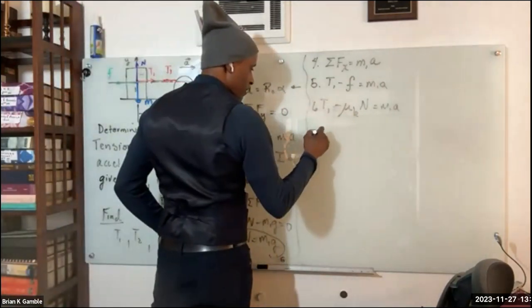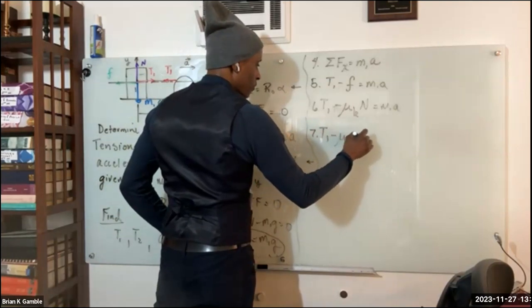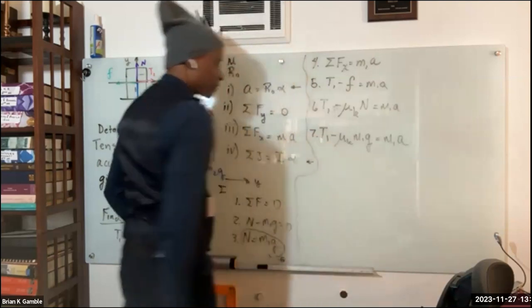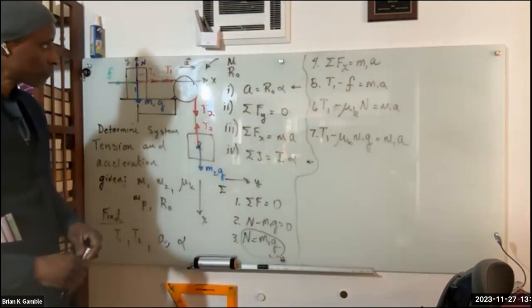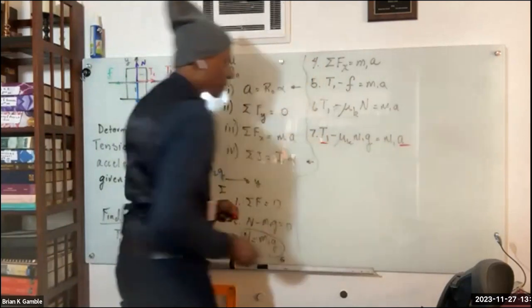So putting that in, we get T1 minus mu_k m1g equals m1a. So that has two of the unknowns, T1 and a.